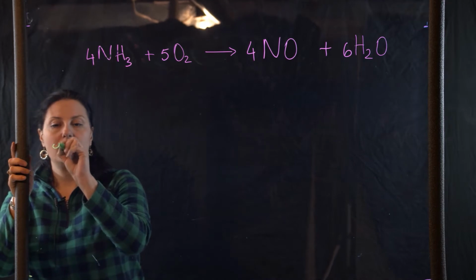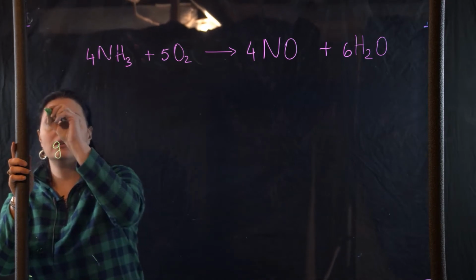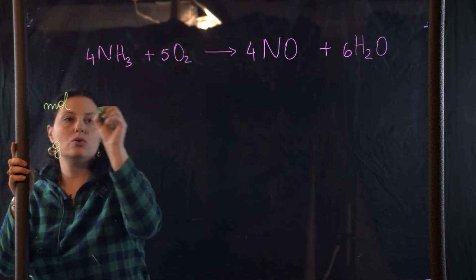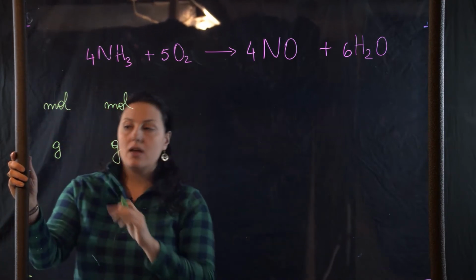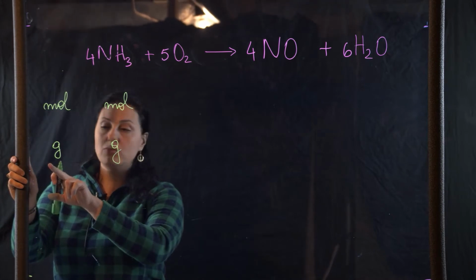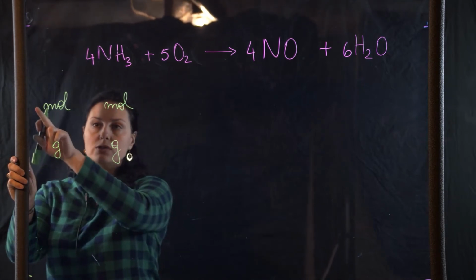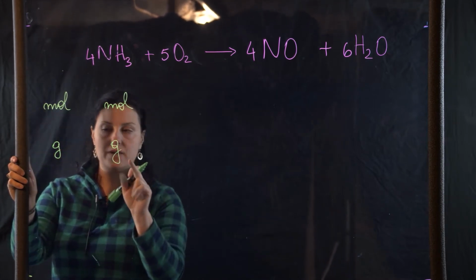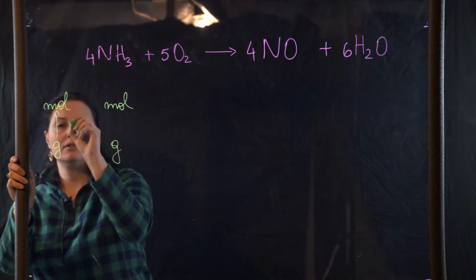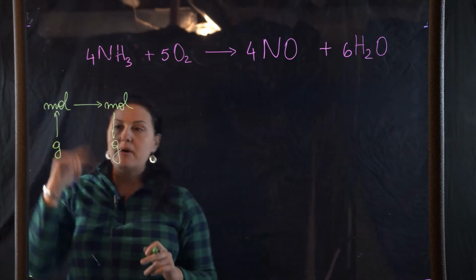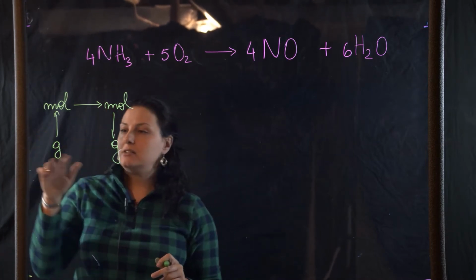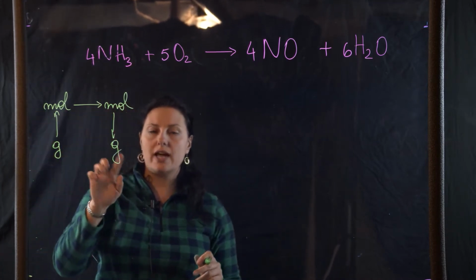So here's an amount in grams, here's an amount in moles, and grams. If you're given an amount in moles, you go from grams to moles, back to grams. So we have this continuity here. And I still remember my professor saying grams to moles to grams.